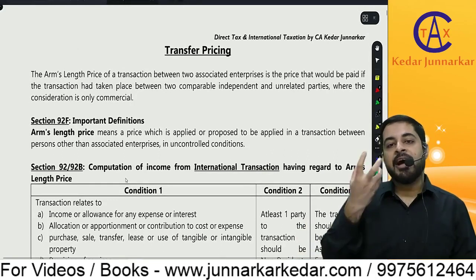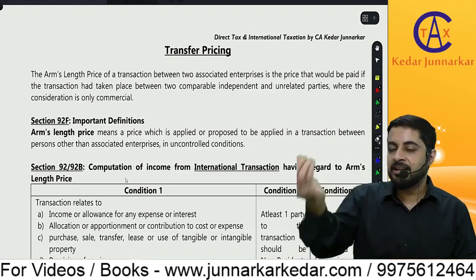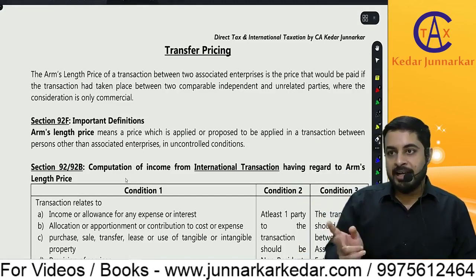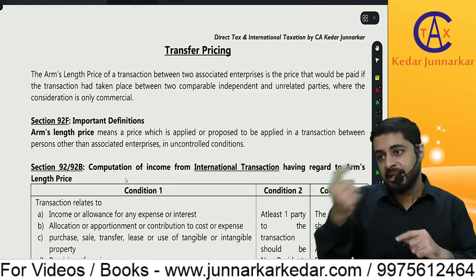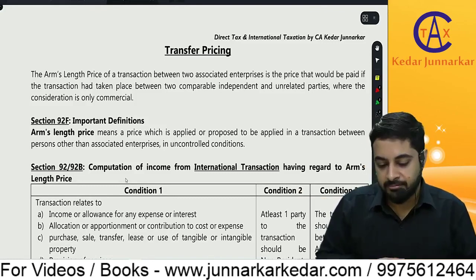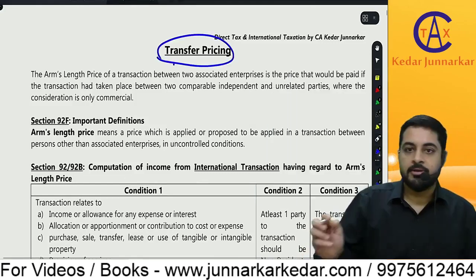There we studied the requirement that income of a resident is taxed in another country and in India also. That's why it should not be taxed twice, so a double taxation avoidance agreement is entered into. If there is no DTA, still India on its own gives the relief under section 91. Like that, we'll understand the logic behind this transfer pricing chapter.